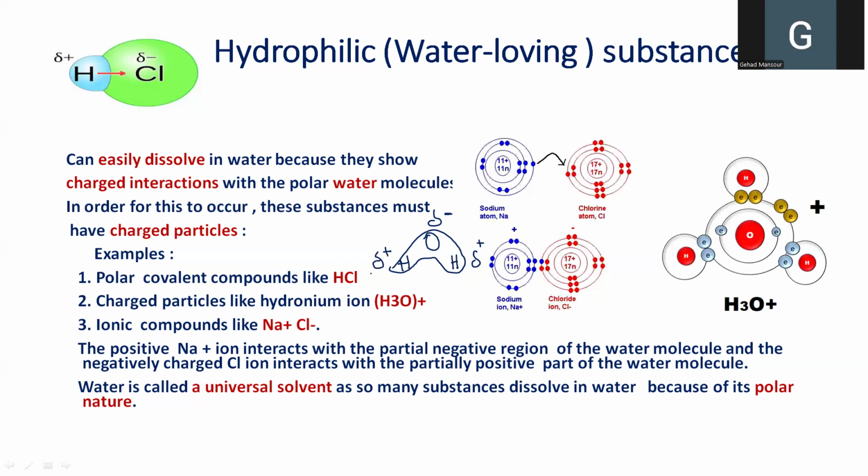And this is what we call polarity of water. So we have one side of the molecule that is partially negative and two other ends of the molecule that are partially positive.